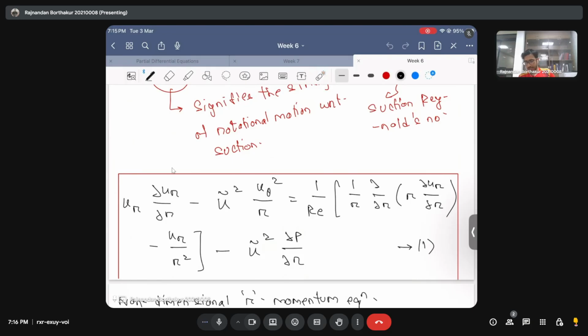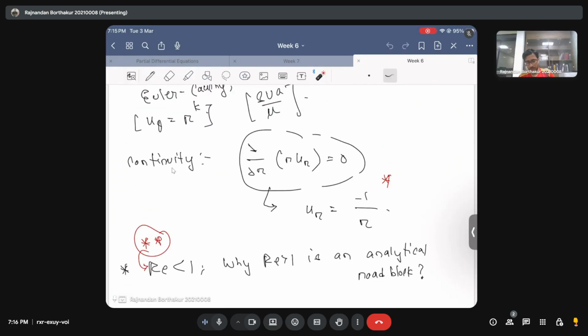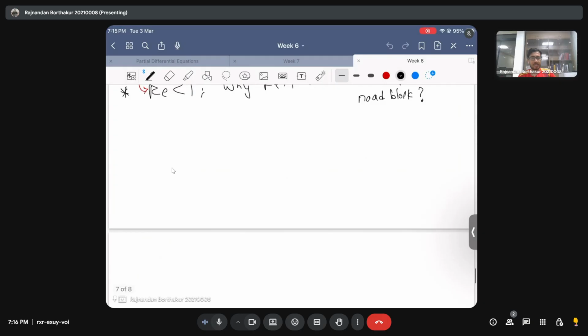Let's then write down the continuity equation. I also wrote it down earlier, but I will write it once again for the sake of completeness. So that equation will come from the continuity equation, which will then close the system.